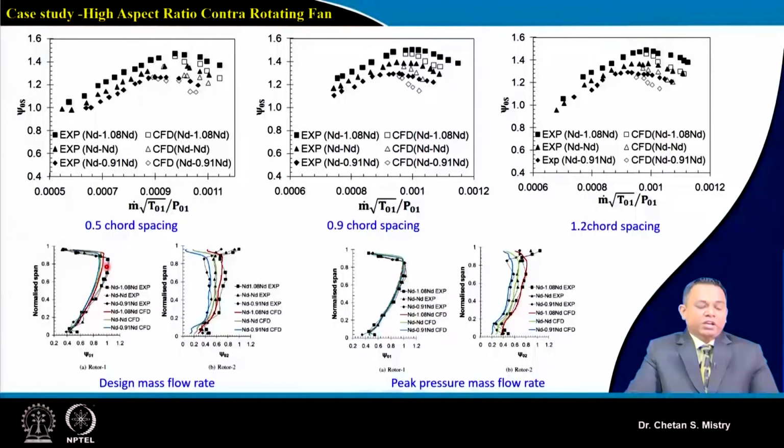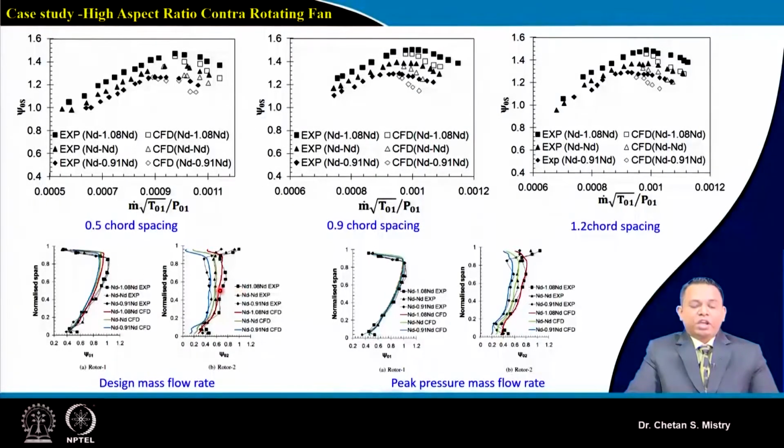So here this black color one represents our experimental results, and this represents our CFD results. If you observe carefully, for rotor 1, at the design mass flow configuration, it is not giving comparatively good agreement between experiments and computational work.